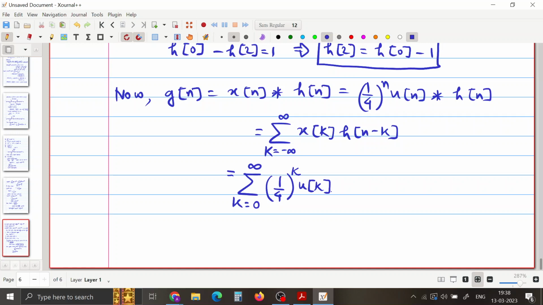Leave u of k, then that will be 1. So this will be 1 basically, so I can just remove that. And let me write this adjacent to it.